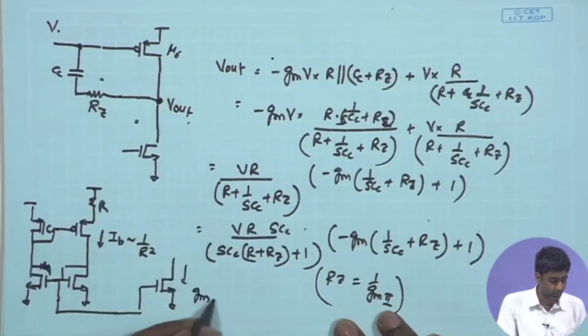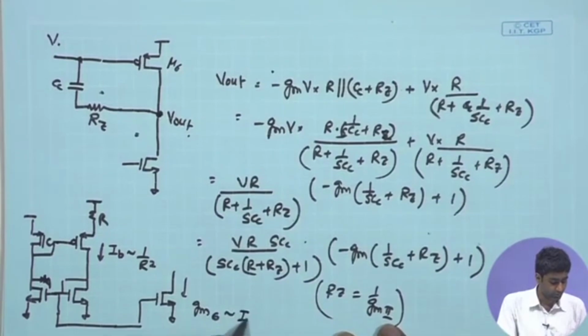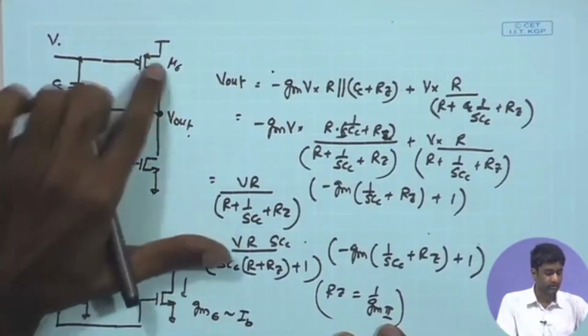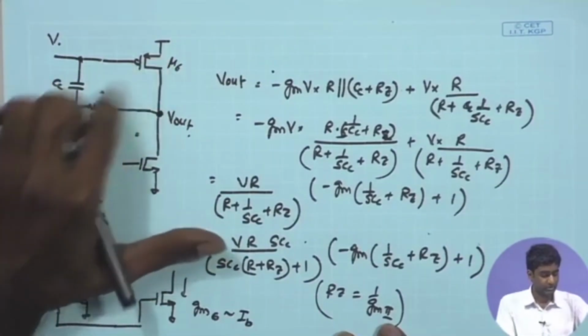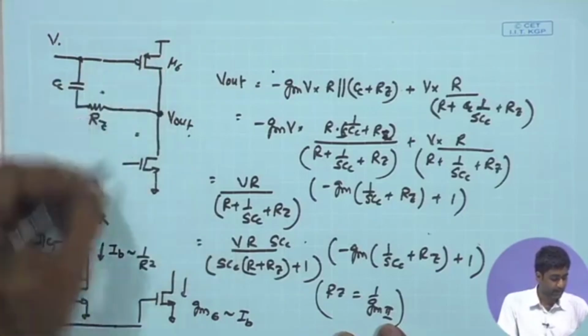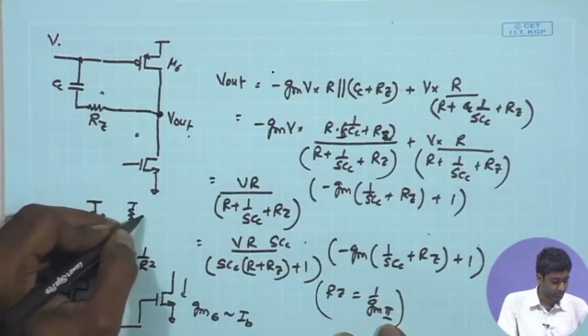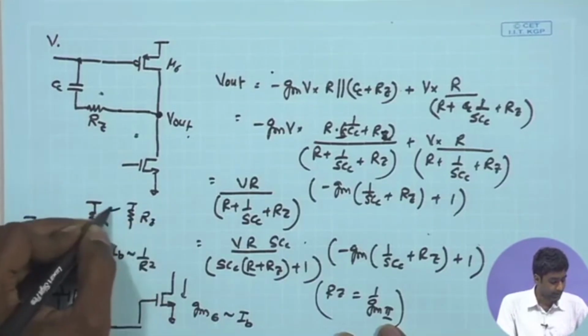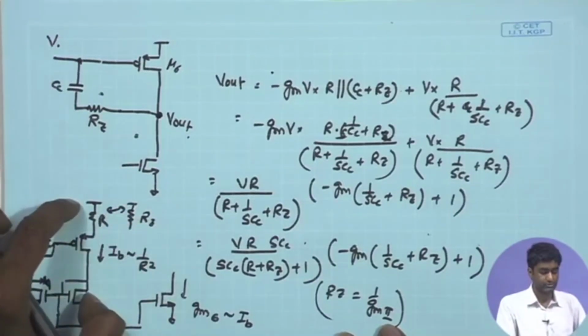Therefore, GM of M6 can be made proportional to IB, and through that we can have a well defined matching between RZ and M6. All we need to do is that this RZ needs to be matched with this R that we are putting in the reference generation circuit.